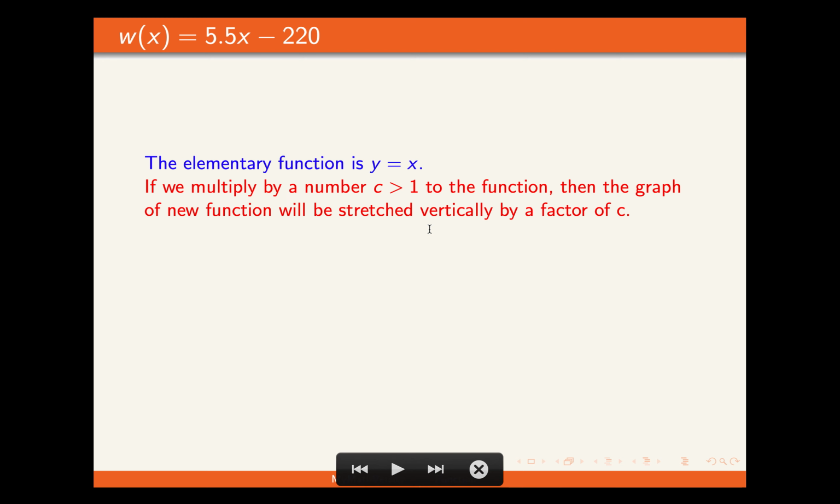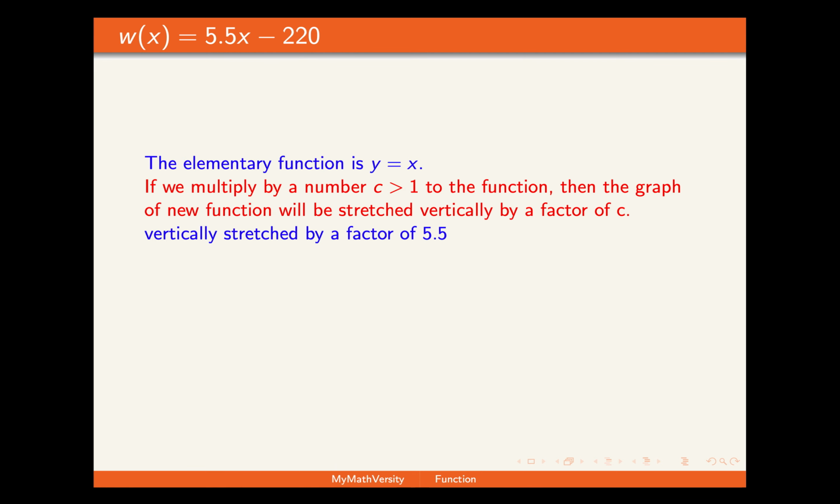So if the elementary function is x and we multiply by 5.5, the graph of the identity function will be stretched vertically by a factor of 5.5. So the elementary graph was y equal to x, the identity function, and we stretch that vertically by a factor of 5.5.